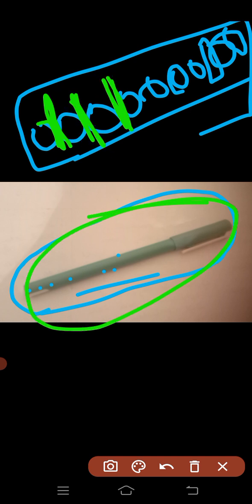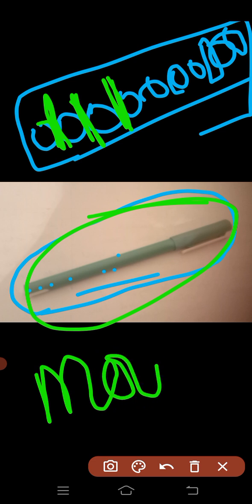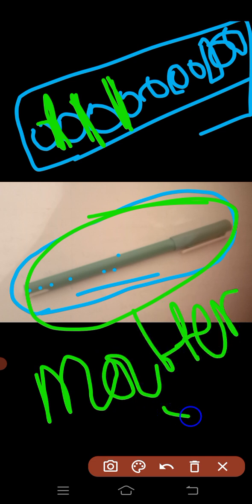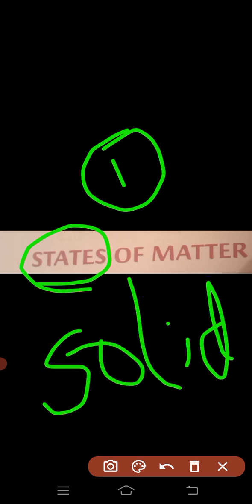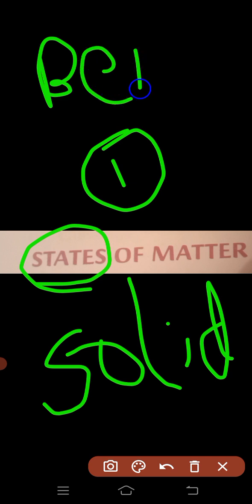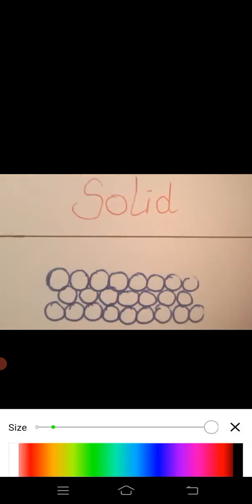So this pen is matter, and it is in the solid state of matter. The first one we discussed is solid. The pen which we have is also a solid. Again I will repeat, there is very little gap in this space.